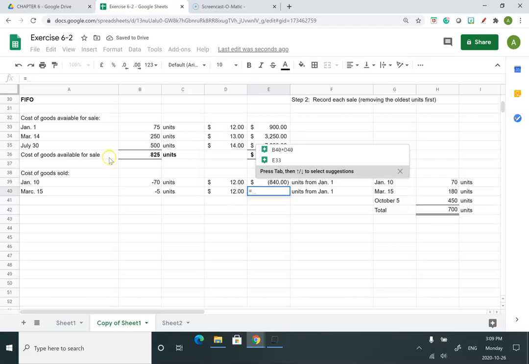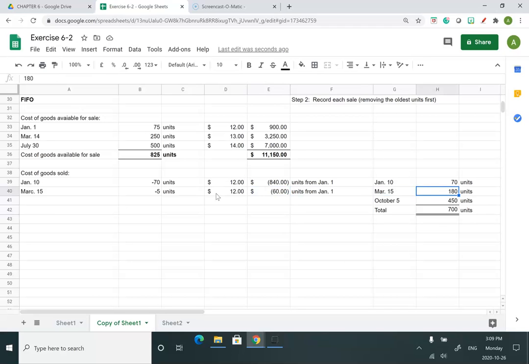If you do equals minus 5 times 12, that gives me 60. Then I have 175 units left of these 180 units. So this is still March 15th. I'm going to be selling out of the March 14th purchases, because I've already sold all the January 1st ones. That's a remaining 175.